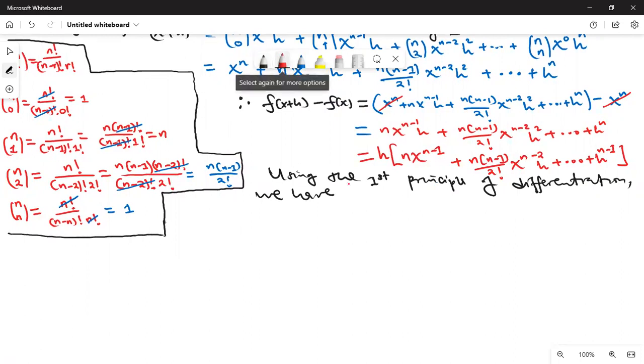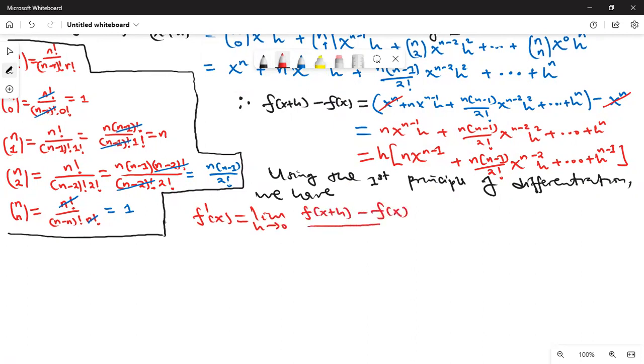We need f prime. f prime of x is simply the limit as h approaches 0 of f of x plus h minus f of x, and the whole of this is divided by h.